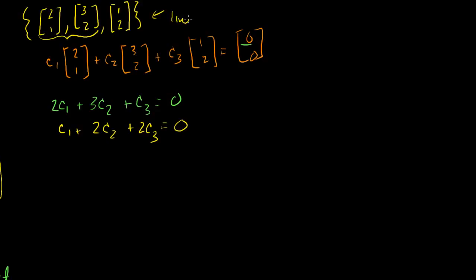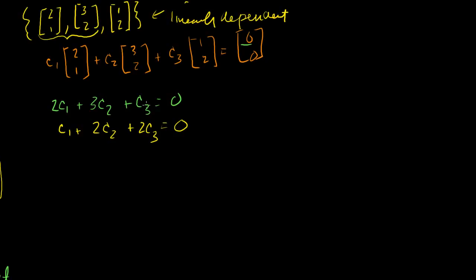But I'm going to show it to you using our little theorem here. I'm going to show you that I can get non-zero c3s, c2s, and c1s such that I can get a 0 here. You can always set them equal to 0, but if they had to be equal to 0, then it would be linearly independent. But let me just show you.